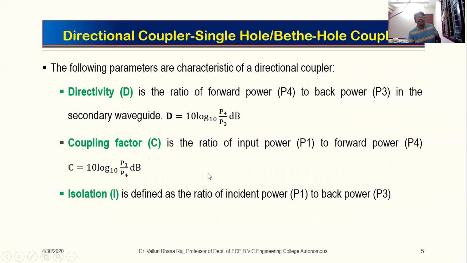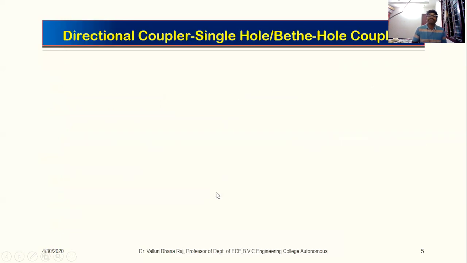The characteristics of the directional coupler are given by the directivity, which is the ratio of forward power to the backward power, that is P4 to P3, the coupling factor, the ratio of P1 to P4, and the isolation factor I, which is the ratio of P1 to P3.